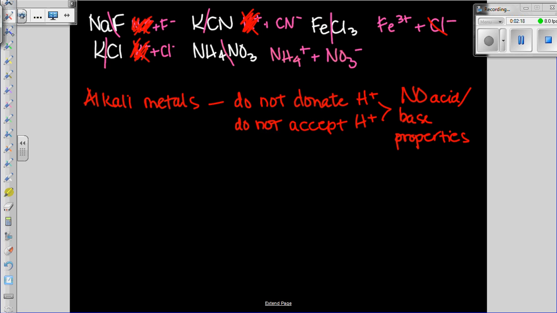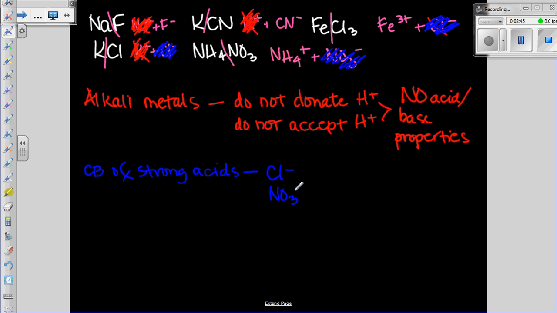Okay, the next thing we talked about was conjugate bases of strong acids. So if we think about our strong acids, HCl, HI, HNO3, H2SO4, kind of looking through our list, chloride would be the conjugate base of a strong acid. Here's another one, nitrate, conjugate base of a strong acid.